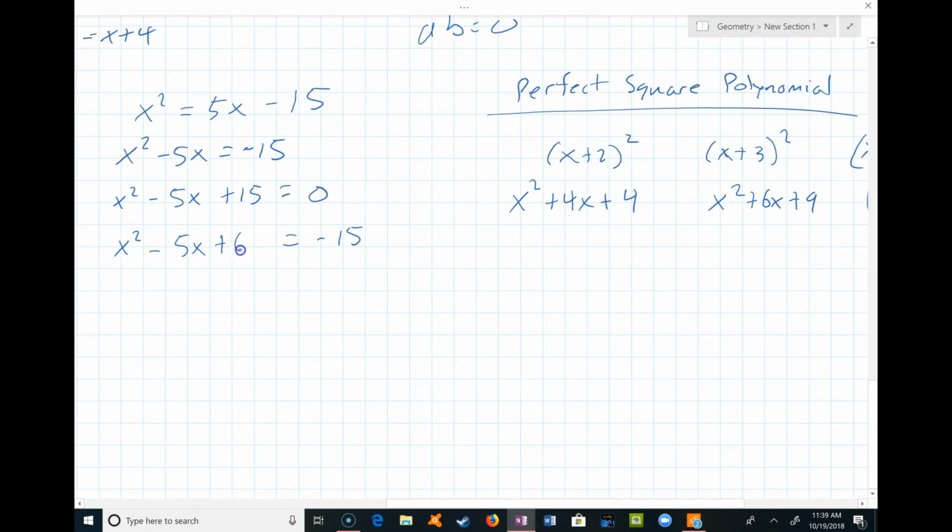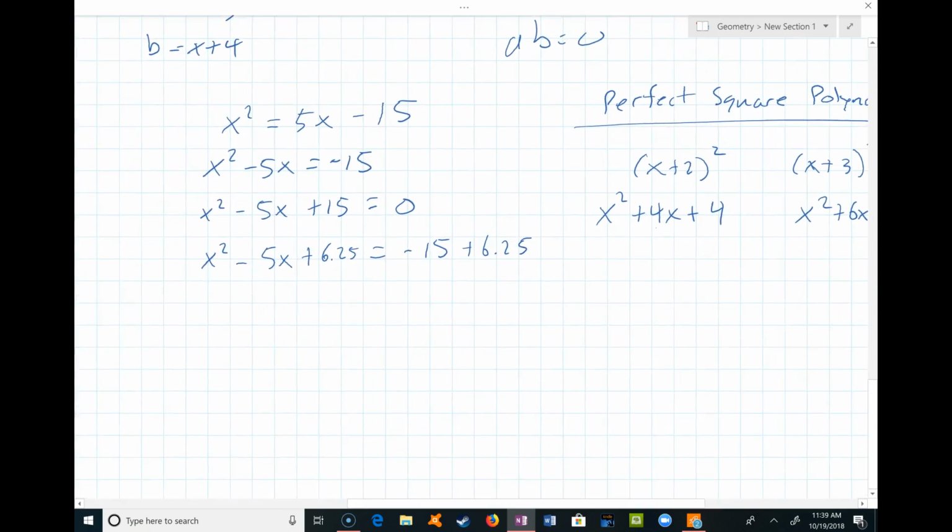So I'm going to put a plus 6.25 right there. But I can't just throw it in there without following the rules of math, which say if you do it to one side, you have to do it to the other side. So I'll throw a plus 6.25 right there. Okay? So then the next step is, of course, to simplify a little bit. This is going to be negative 8.75, right? And nothing to do here as far as simplifying, so I'll just rewrite this.